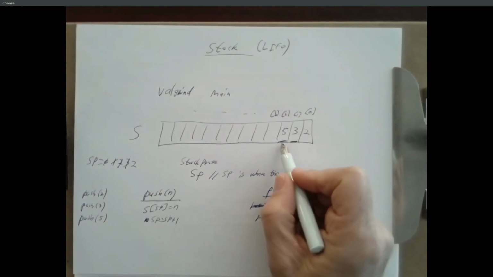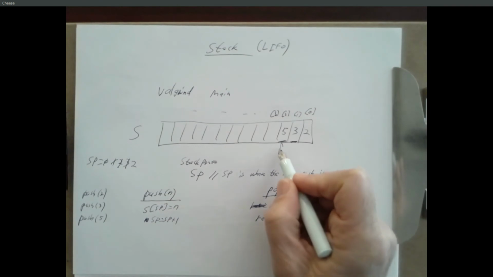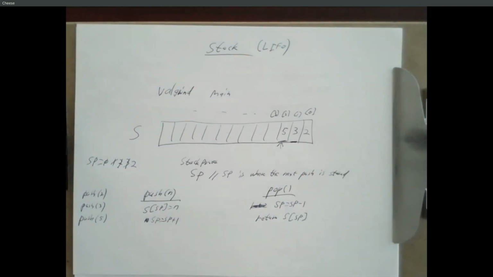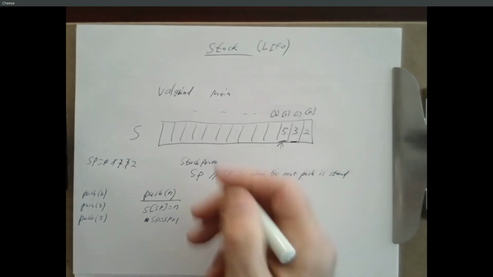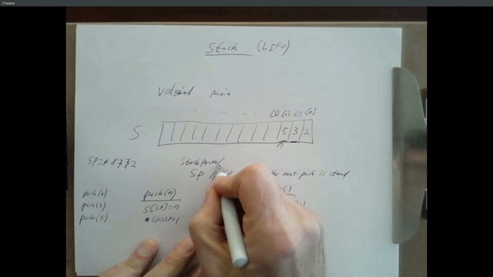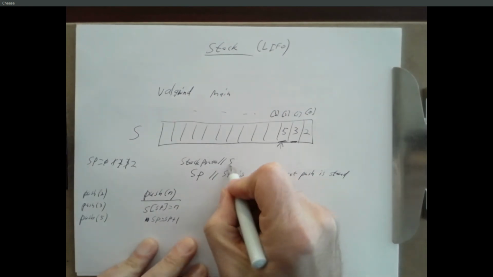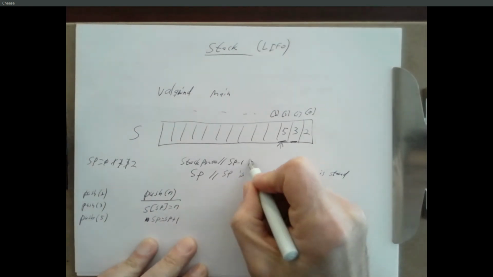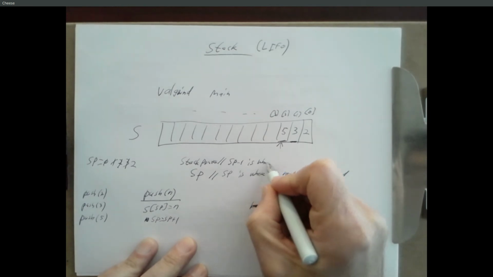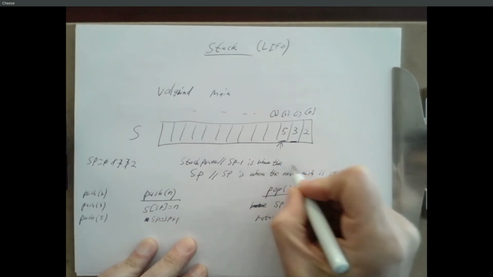This is not part of the stack, this is the location we're going to store something the next time we push. But it's still in there. So we can also interpret SP as: SP minus 1 is where the next pop reads from.